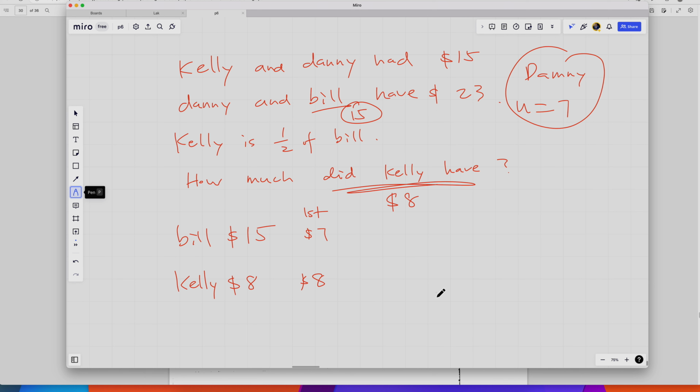So what's your first step? On the first day, there will be 22. Or do you want to do it the long way or the quick way?